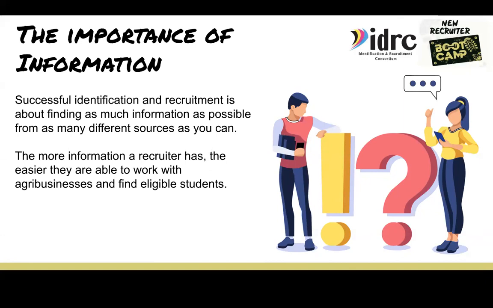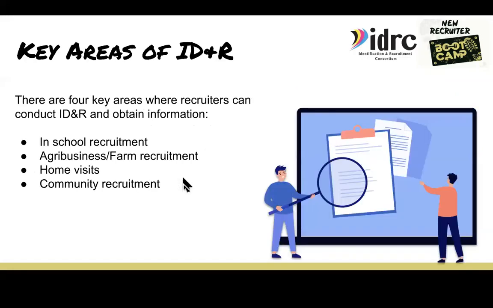The more information that we as recruiters have, the easier it is going to be to work with agribusinesses in our area and to find those eligible students. And so we should always be trying to find information. When we talk about balanced recruitment, we're talking about how we can be as thorough as possible and find as much information as possible.